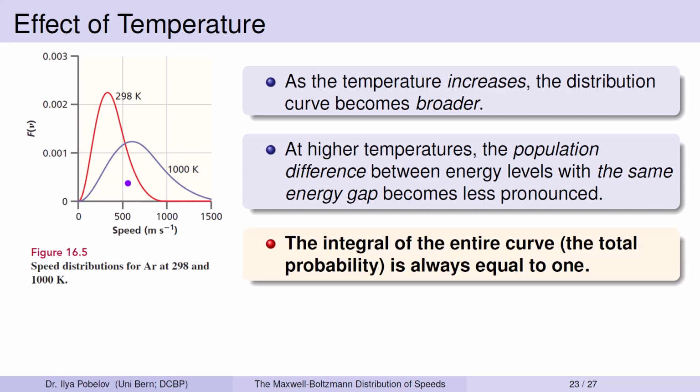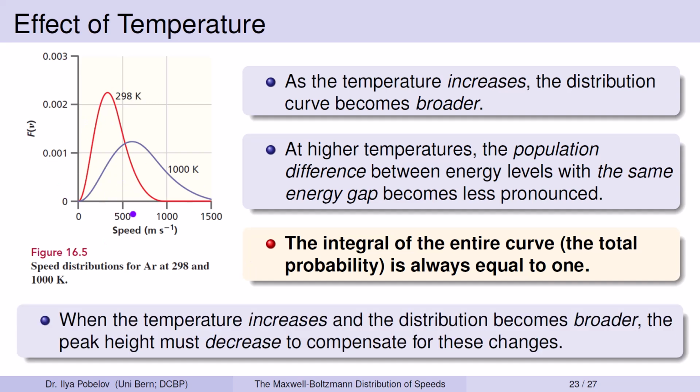It is also important to remember that the integral of the entire curve, the total probability, is always equal to 1. When the temperature increases and the distribution becomes broader, the peak height must decrease to compensate for these changes, because the total area under the curve does not change.